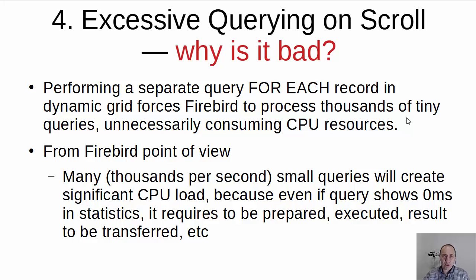Of course, it is not good, because even if the query is really small and it is listed as 0 milliseconds in the performance report from Trace API, anyway, Firebird needs to perform several steps, like preparation of the query, which can be not really fast depending on the tables involved in the query.